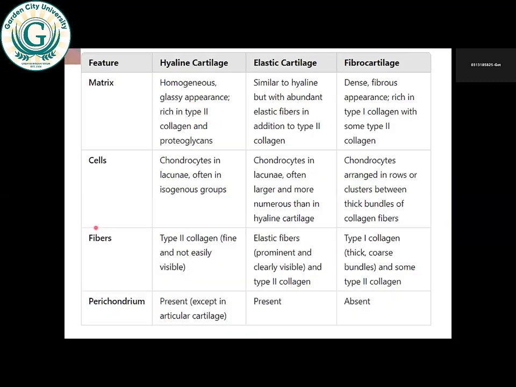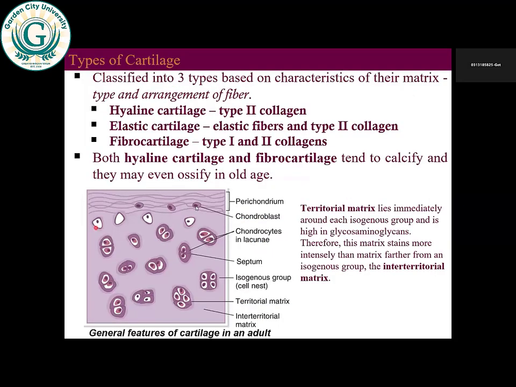So the point that I'm making is that there is a chondroblast, there's a chondroclast, there's a chondrocyte. Chondroblasts are immature cells. Chondrocytes are mature cells. And when do they become mature? When they are in a lacuna, a space, when they become surrounded.